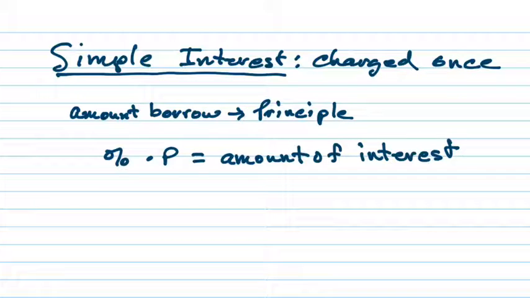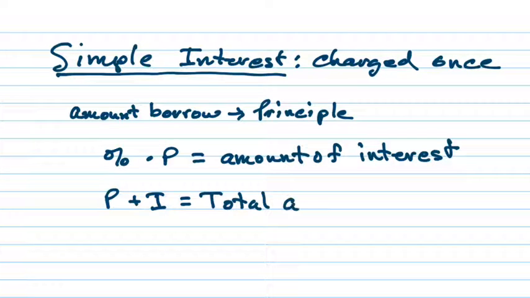But we then have to add in that amount. So you'll take the principal plus the interest, and that's going to equal the total amount that you owe. Okay?